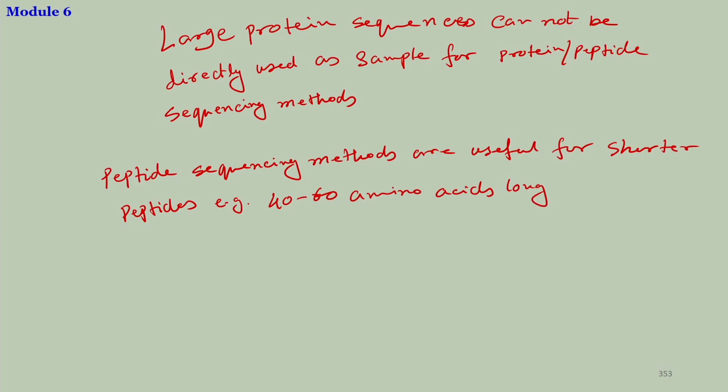So, 300, 400, 500 amino acids long protein sequences cannot be determined. Short sequences of peptides are the best as a sample in these methods. You can use these short sequences to find out their exact amino acid chain length.